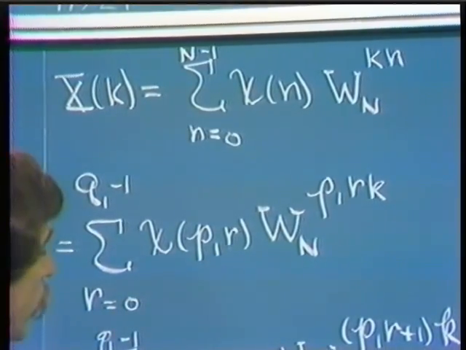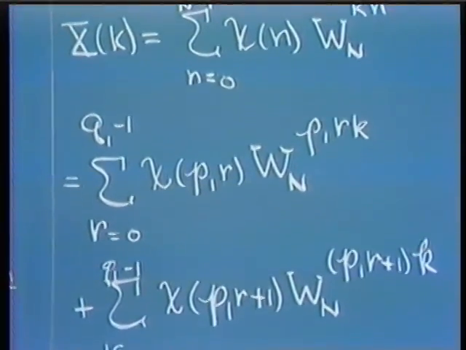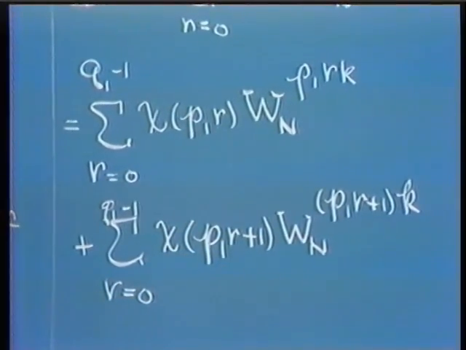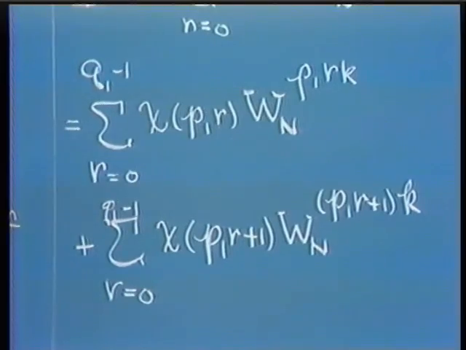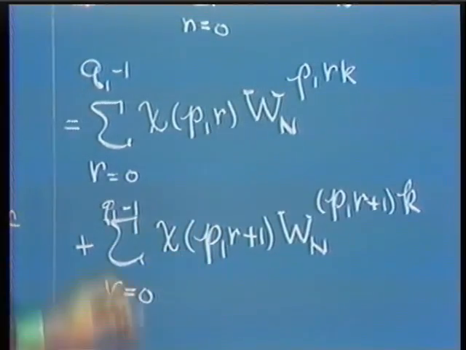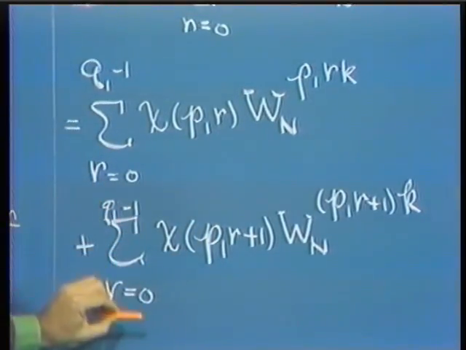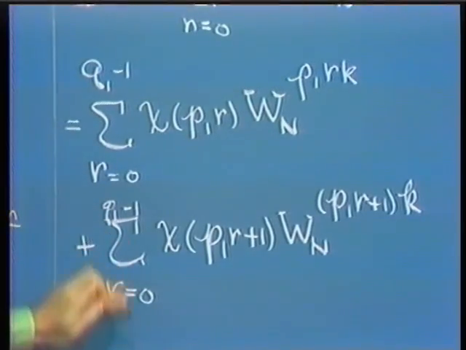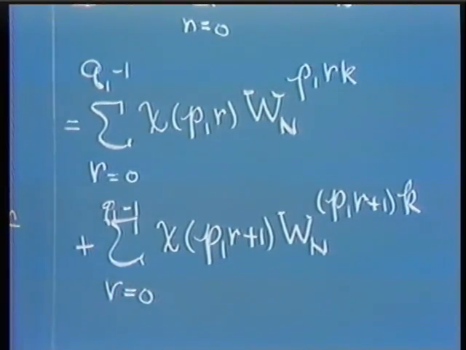If we think of the argument P1R plus 1, as R runs from 0 to Q1 minus 1, we're then collecting together the terms, which are every P1th point starting with the first point, etc. We can proceed to decompose this into a set of P1 sub-sums, as I've indicated here.